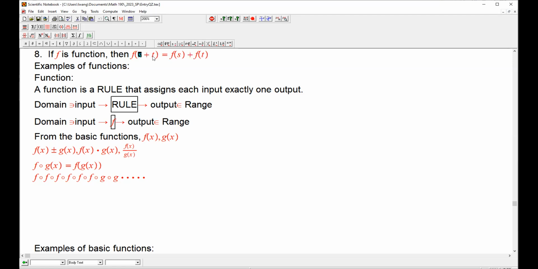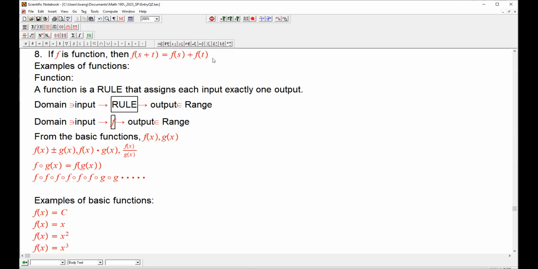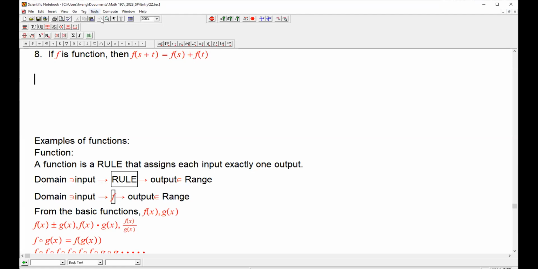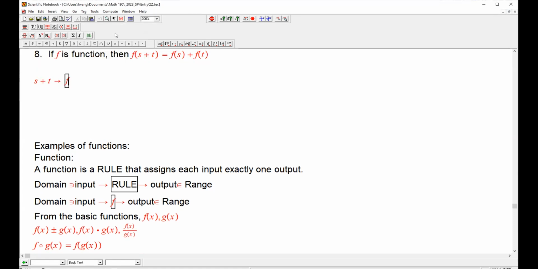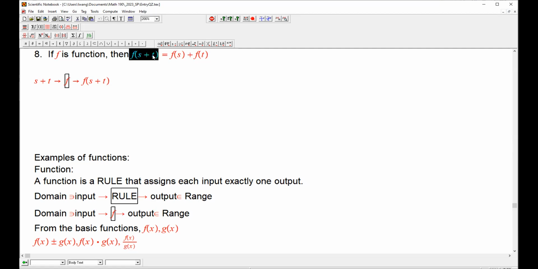S is input S plus input T. Okay, so what does that mean? It says for any function you made, right? We have input S plus input T and use it as input for the function. The output is f of S plus T. Okay, so that's the left-hand side.